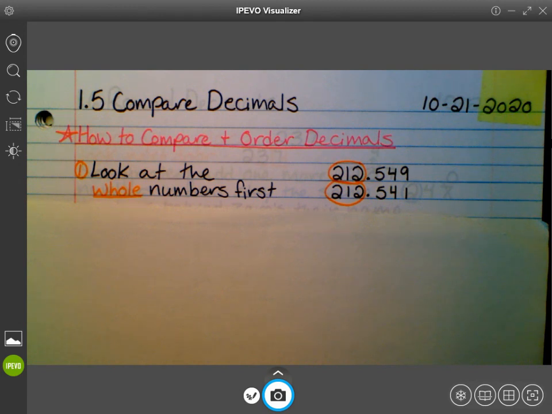Top number is 212, decimal point 549. And that bottom number is 212, decimal point 541.